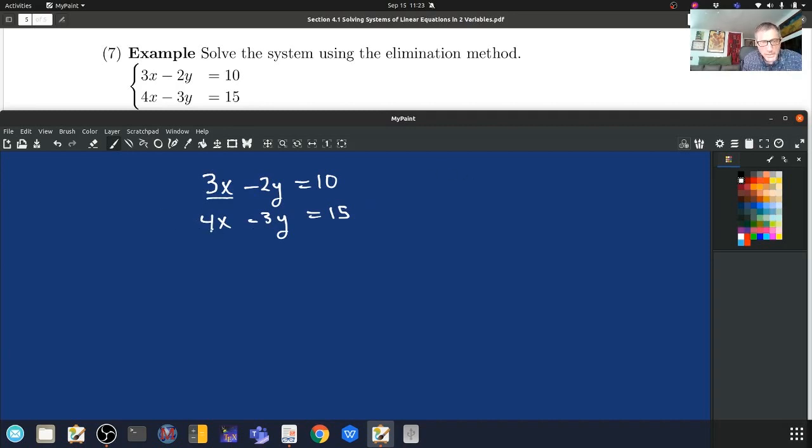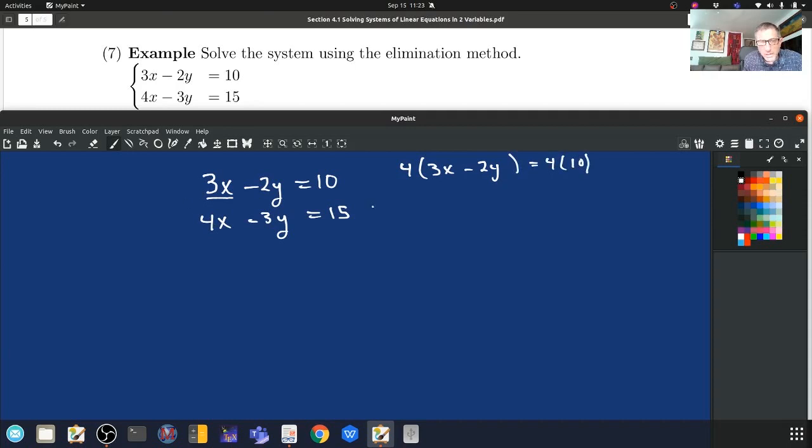I'm going to grab the coefficient from down below, which is 4, and multiply all of the top equation, both sides, by 4.